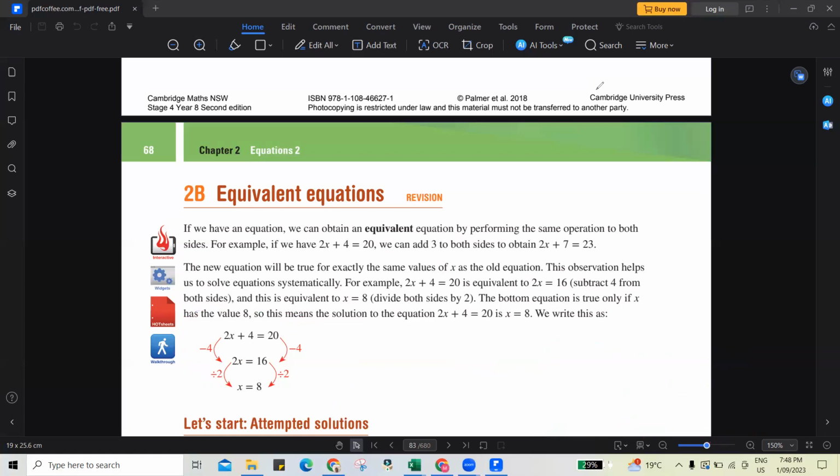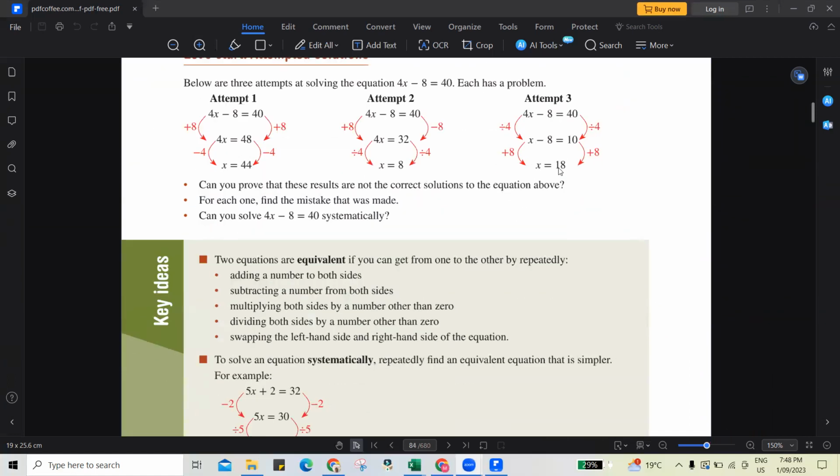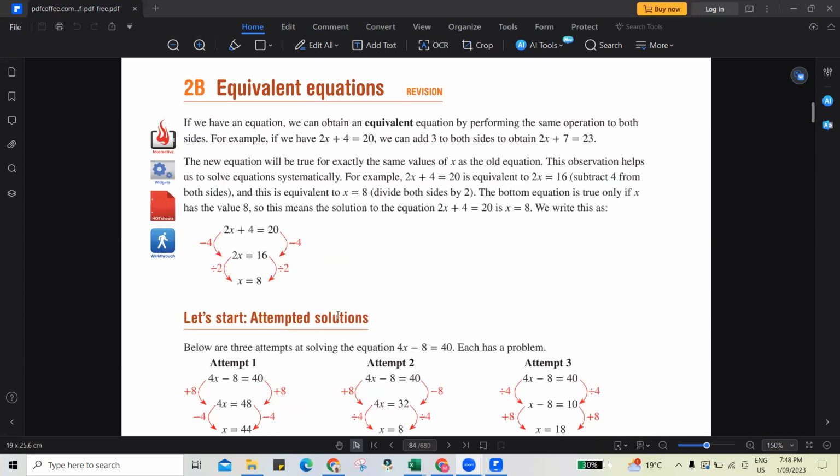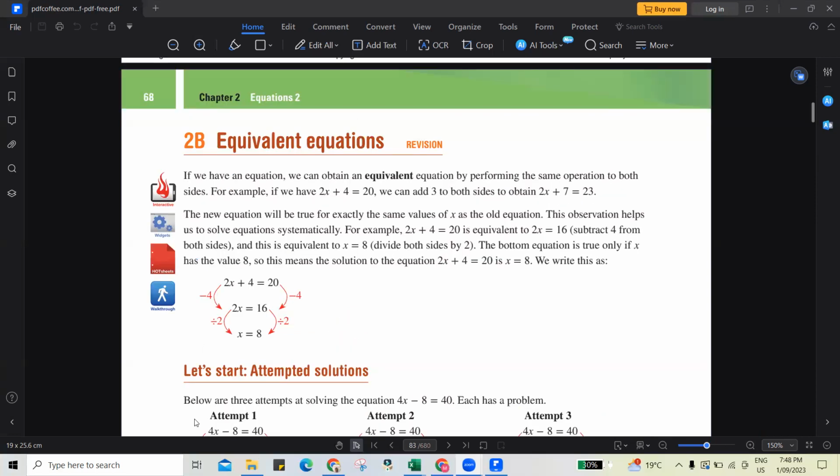Finish. Okay. Now we check a few more examples. Next one, 4x minus 8 equals 40. Can you try this example? 4x minus 8 equals 40.